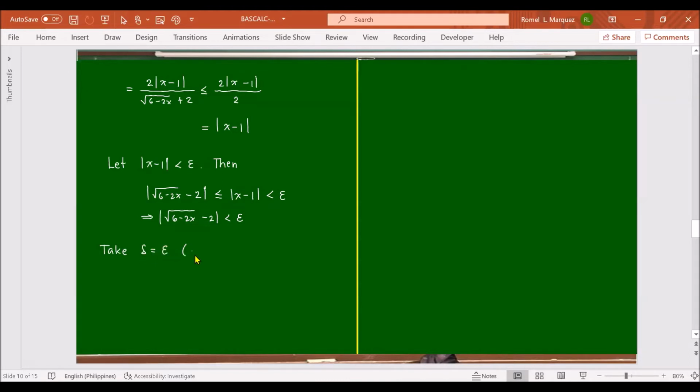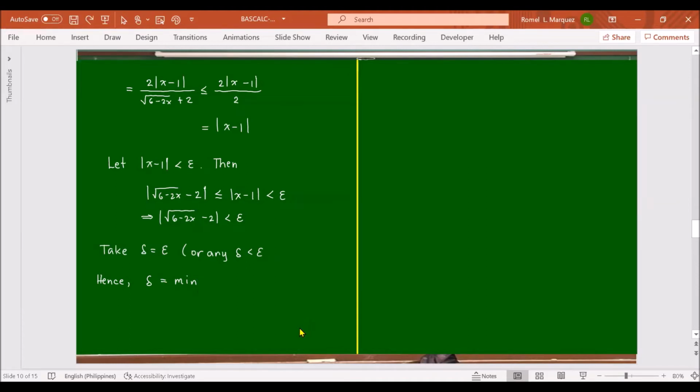So again, take delta to be epsilon. As usual, you can take any delta to be less than epsilon. So if epsilon works, for sure, epsilon over 2 will work. But take note, we have other restriction for delta, no? So hence, delta is equal to the minimum of, what did we take?